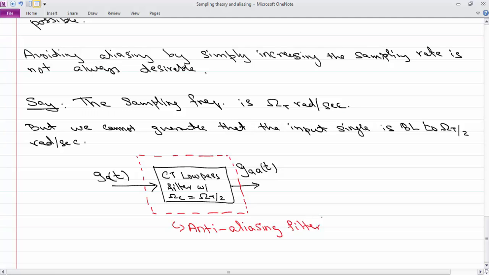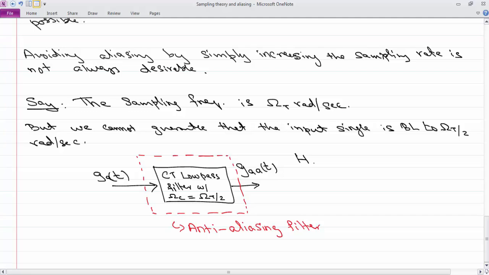Reconstruction filter is a low pass filter, anti-aliasing filter is a low pass filter, and they both ideally have the cutoff of omega T over 2. We give them different names to specify where they exist in our signal processing chain. If the low pass filter exists before the sampling operation, it serves the purpose of killing higher frequencies so that you don't have aliasing. We call it the anti-aliasing filter.